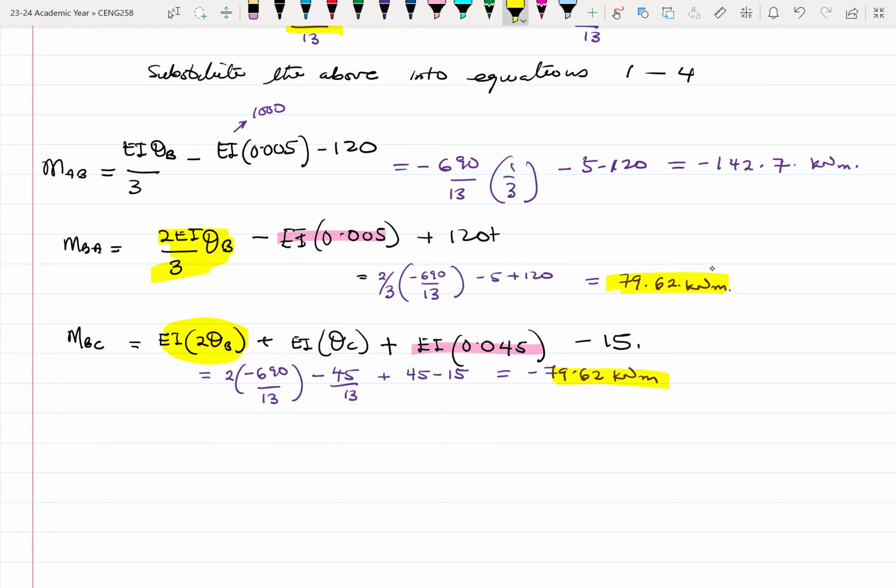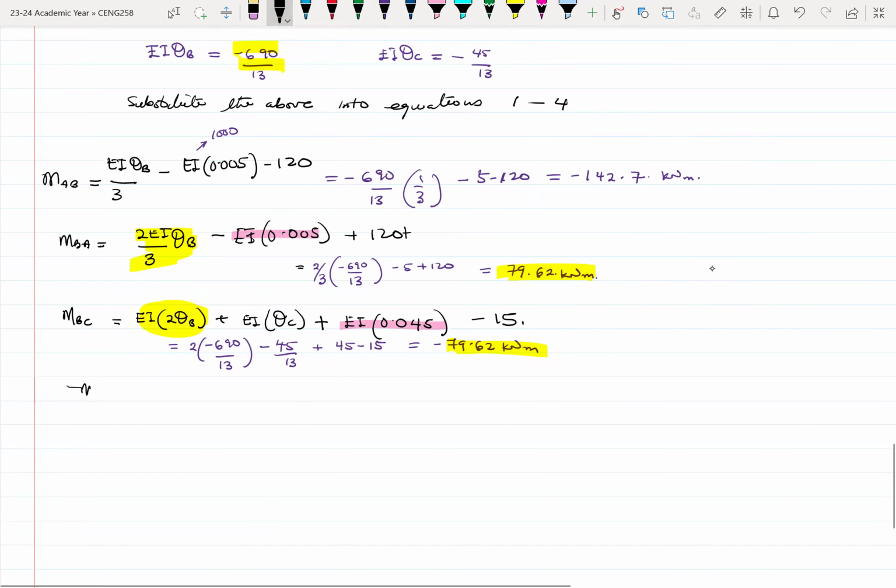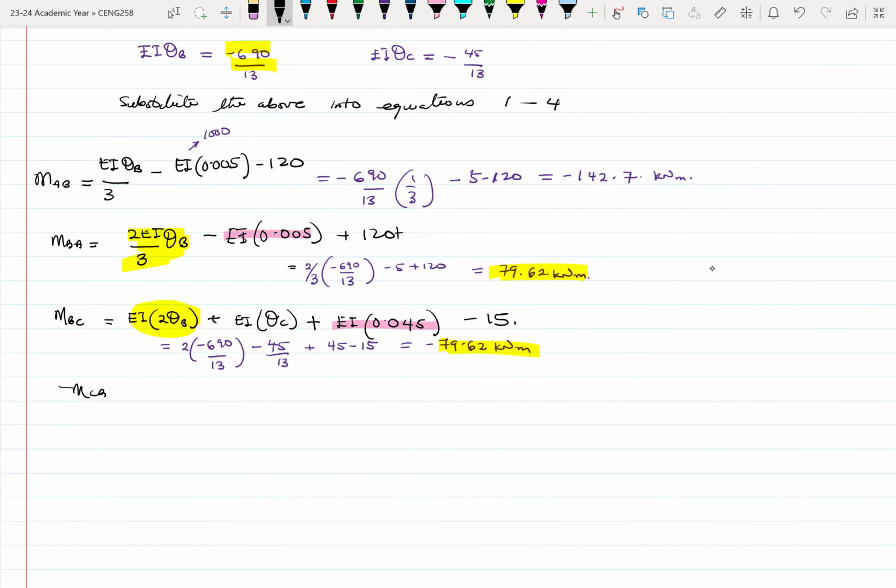Great. This makes sense because when you sum them up, you should get 0. All right. And then MCB should be 0, but let's confirm if we are doing the right thing or otherwise. So this is our equation for MCB. Let me just copy that here.